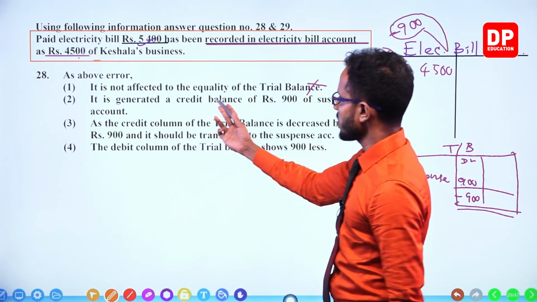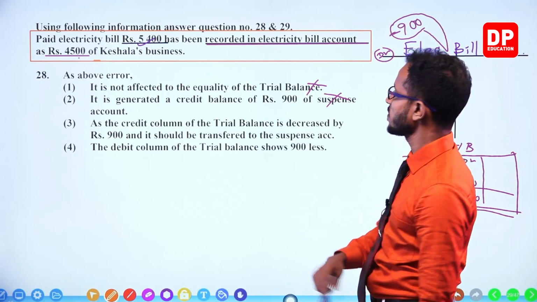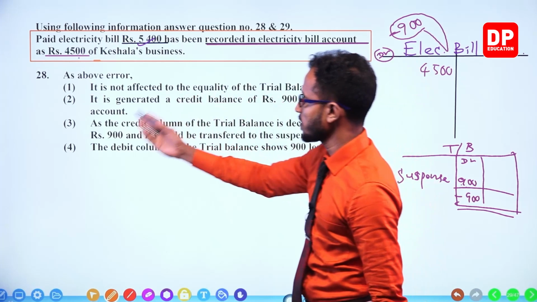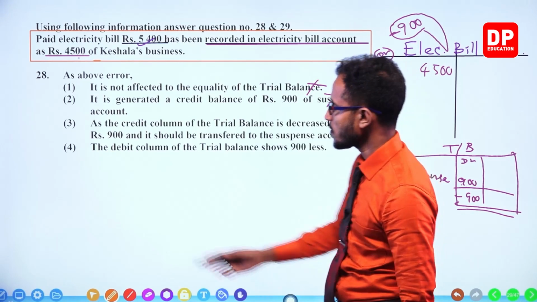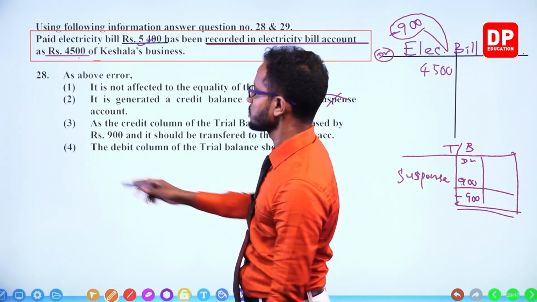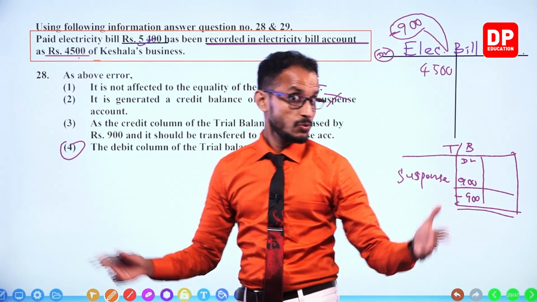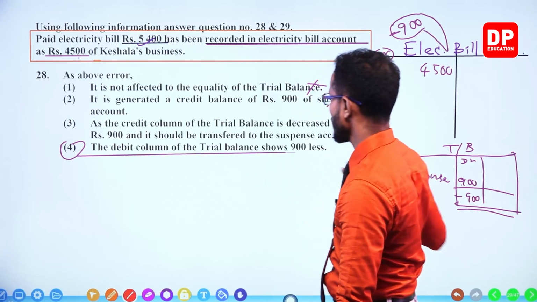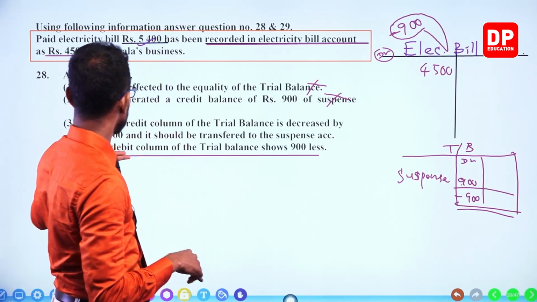Generating a credit balance of 900 in the suspense account? No. The debit column of the trial balance shows 900 less. Here we go. I showed you. Don't say that I didn't show you. Debit column of the trial balance shows 900 less. This is the answer.